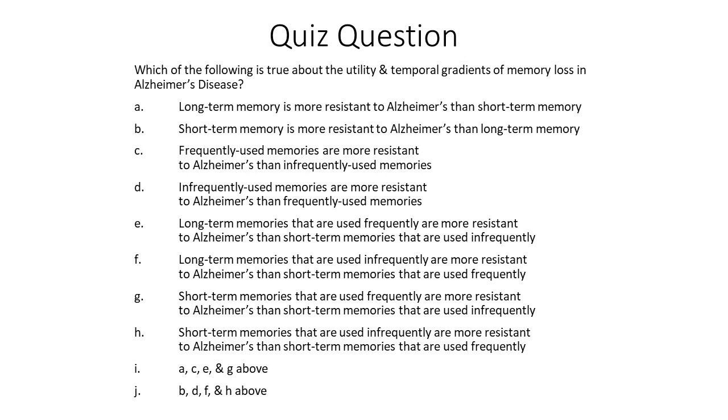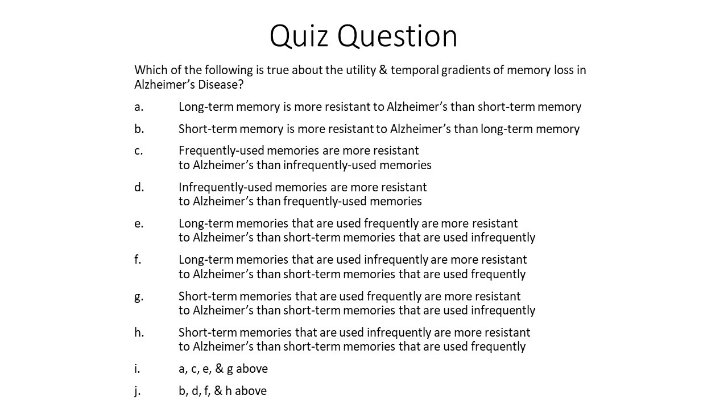A, long-term memory is more resistant to Alzheimer's than short-term memory. B, short-term memory is more resistant to Alzheimer's than long-term memory. C, frequently used memories are more resistant to Alzheimer's than infrequently used memories. D, infrequently used memories are more resistant to Alzheimer's than frequently used memories. E, long-term memories that are used frequently are more resistant to Alzheimer's than short-term memories that are used infrequently.